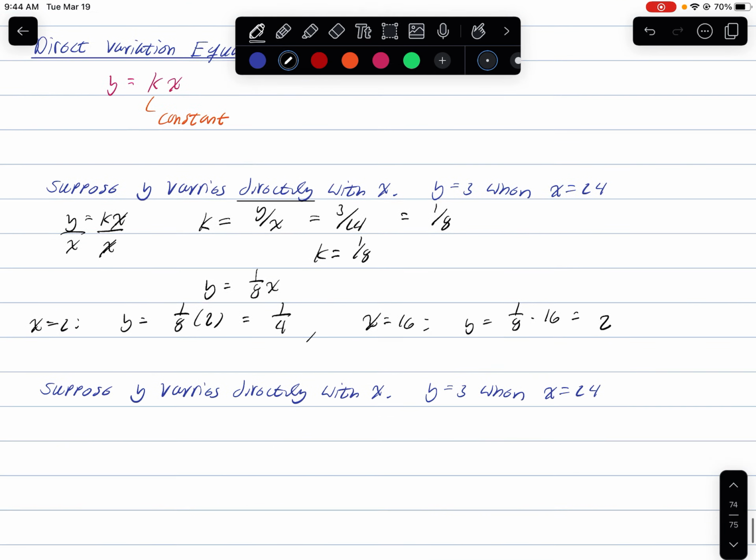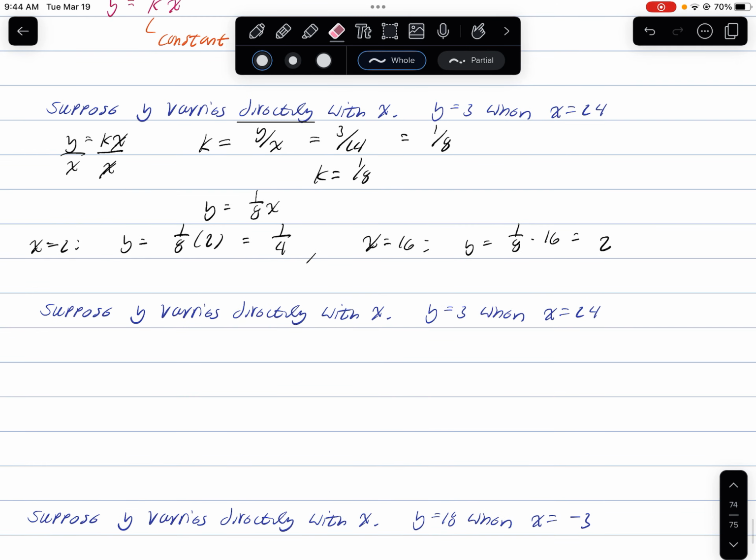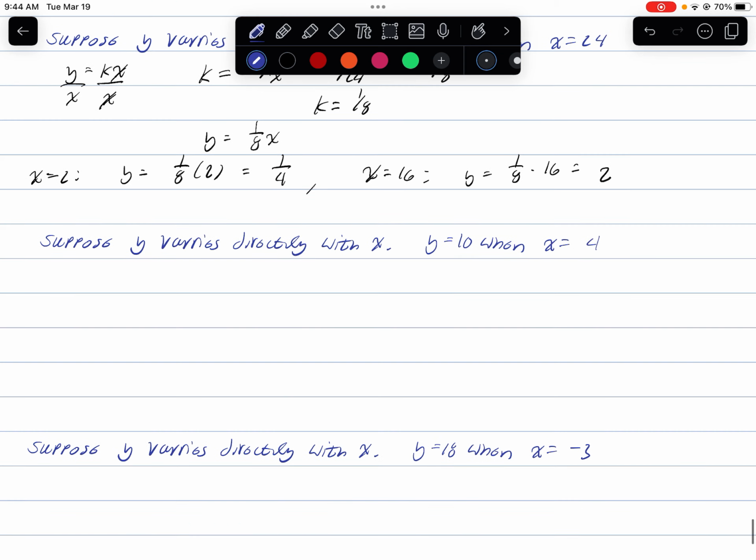Oh, I must have copied the same. I'll make something up here. Let's try something different. Let's do y equals 10 when x equals 4. Why not? Okay. So here we have y equals kx again.